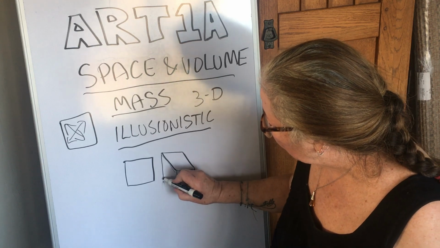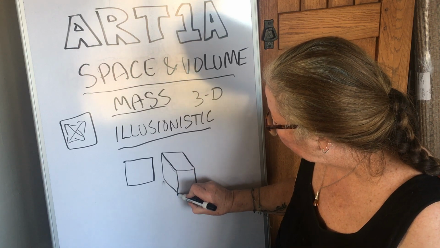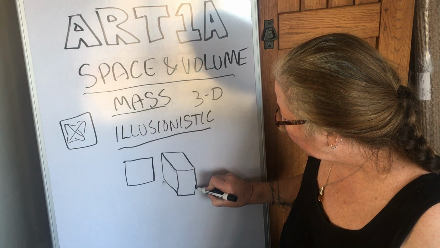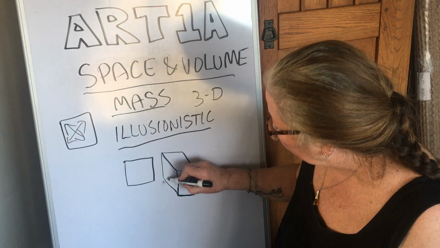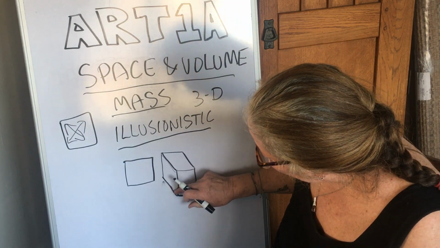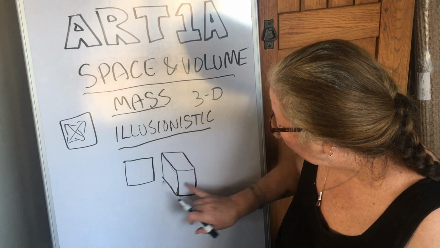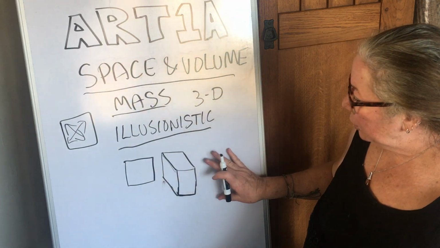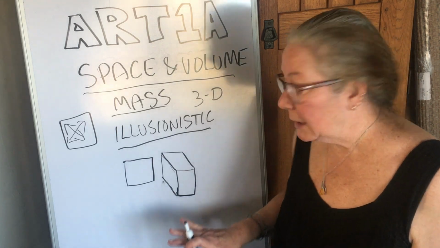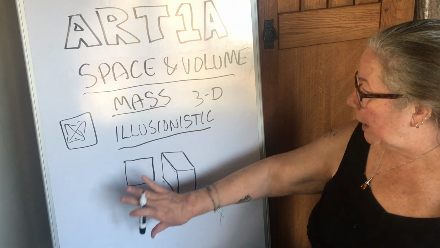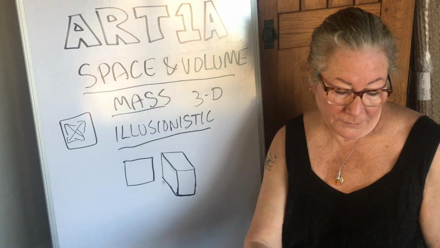And to do this, we use particular artist tools. I'm going to do this from the side, so it's not really looking that great. But you get the idea, right? Kind of something that looks more like the illusion of a three-dimensional object on a two-dimensional space, okay?